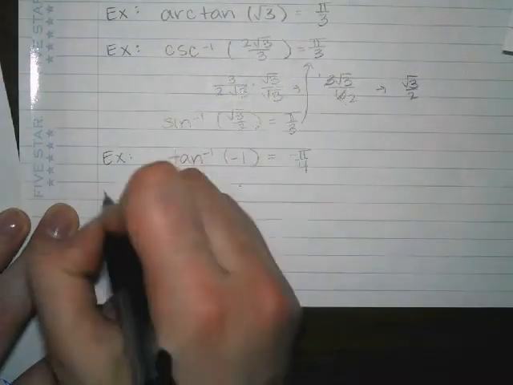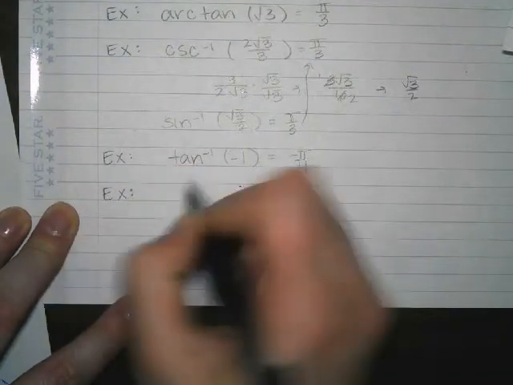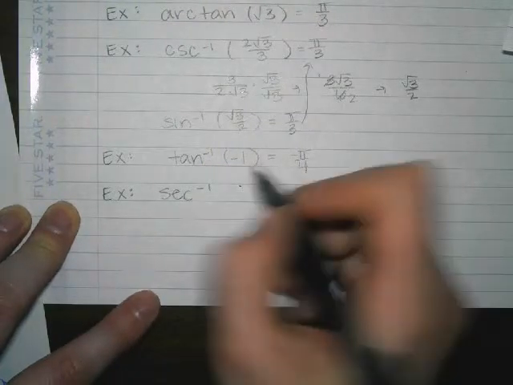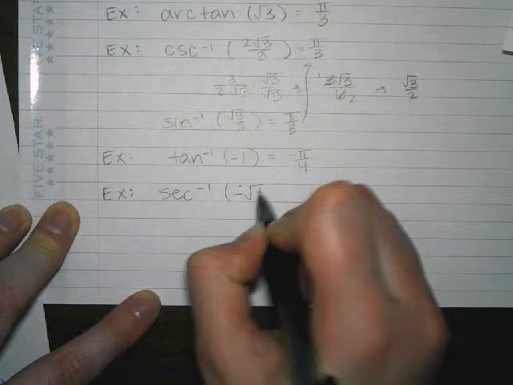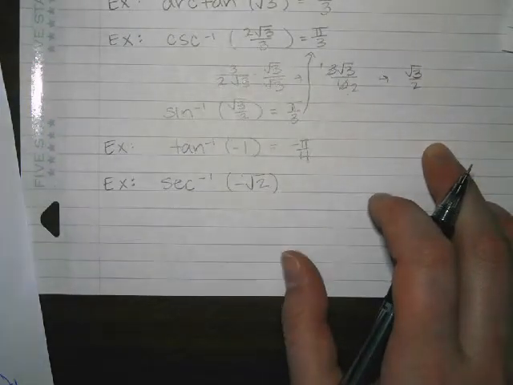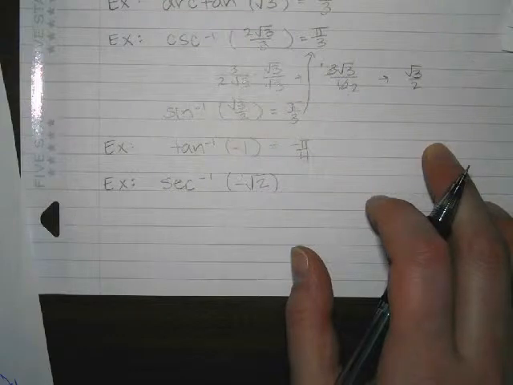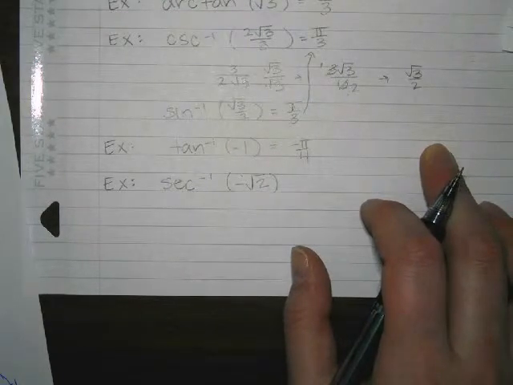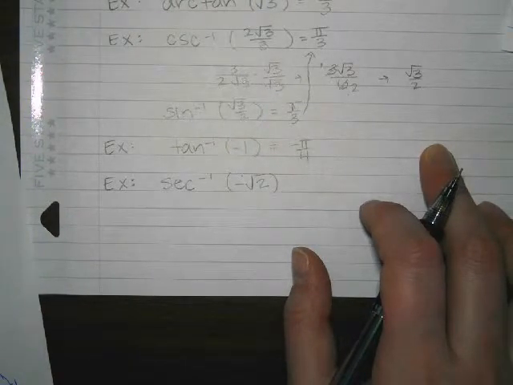All right, let's do secant inverse, and let's do negative square root 2. Secant inverse negative square root 2. So we are not going to find that one very easily, right? What should we do instead?